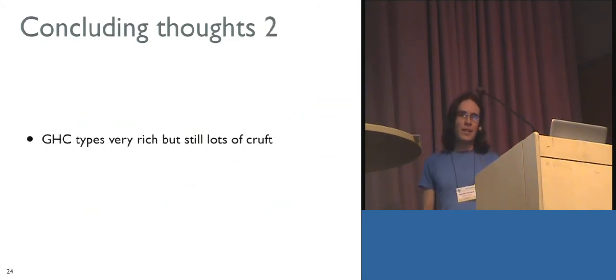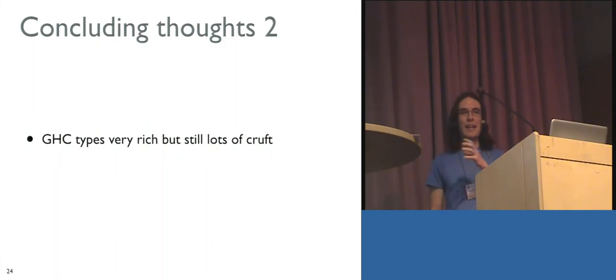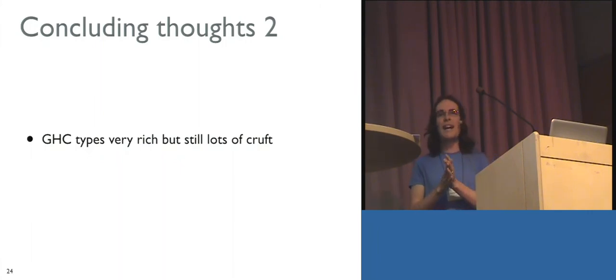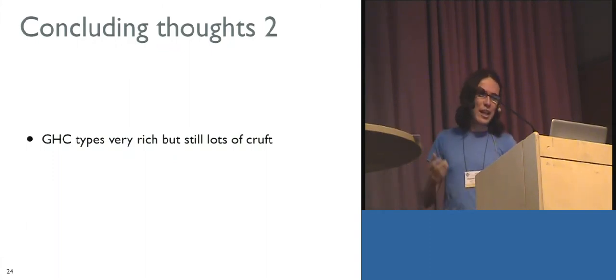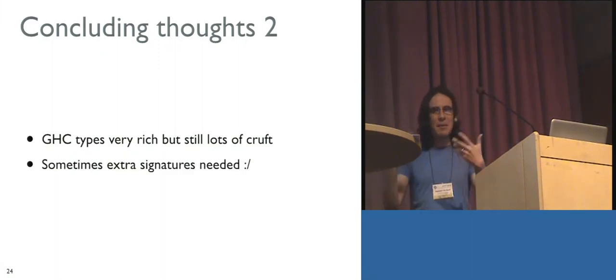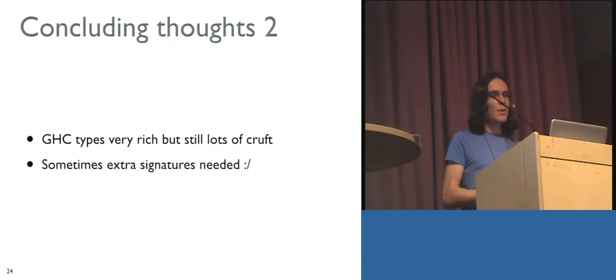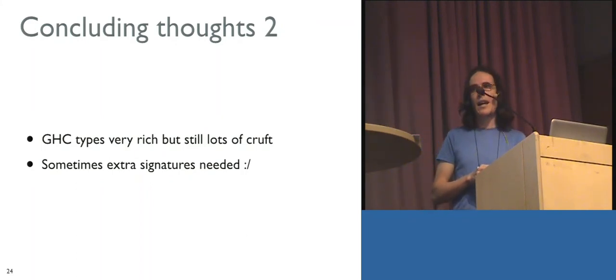So just a little reflection on types. GHC types are amazing, but if you look at the code, there are lots of points where there's a value definition and a type definition, and they're essentially identical modulo the change in syntax, like appending lists, which is a shame. If we were using Agda, you could just write it once. So maybe there's some things that could be done there. Sometimes you need some extra signatures to make sure that the type checker can figure things out.